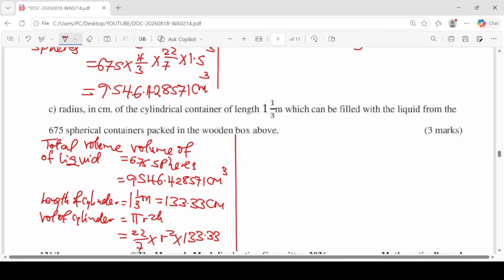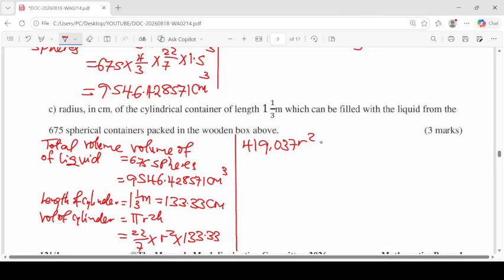So after getting this, because we know that the volume of the liquid should be equal to this volume, when I take 22/7 times 133.33, this is giving us 419.037 r squared.